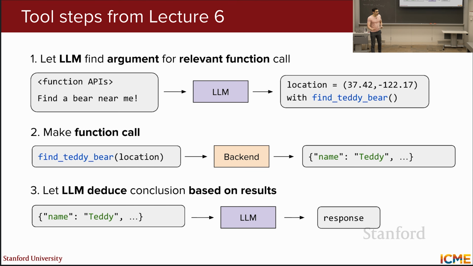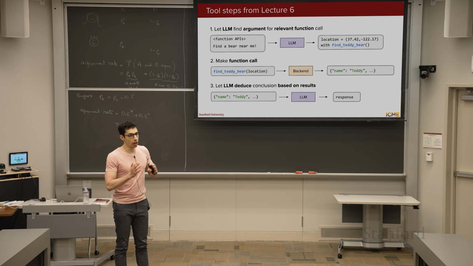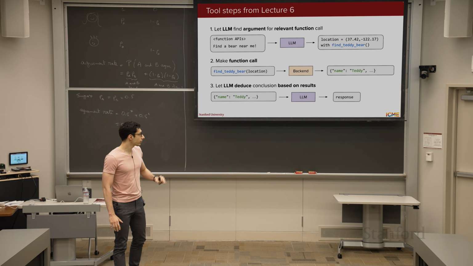So I'm going to show a slide that we had presented at the previous lecture, and we had seen that we can decompose a tool call into these 3 steps. So let's take our favorite example. Let's say you want to find a bear near you, so you would ask that to the model. So the first stage is to find the right tool call with the right argument.